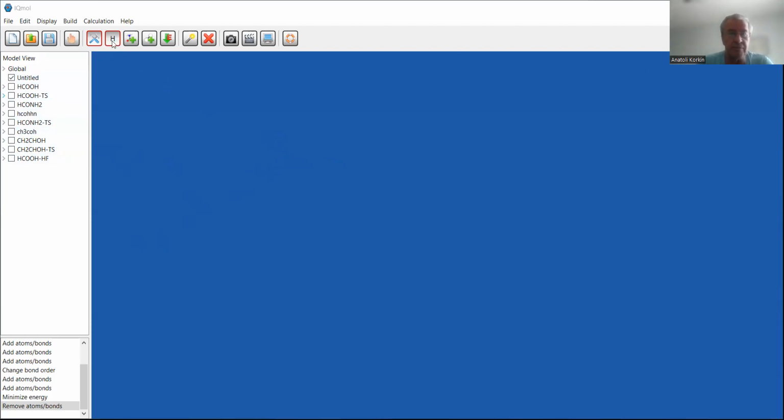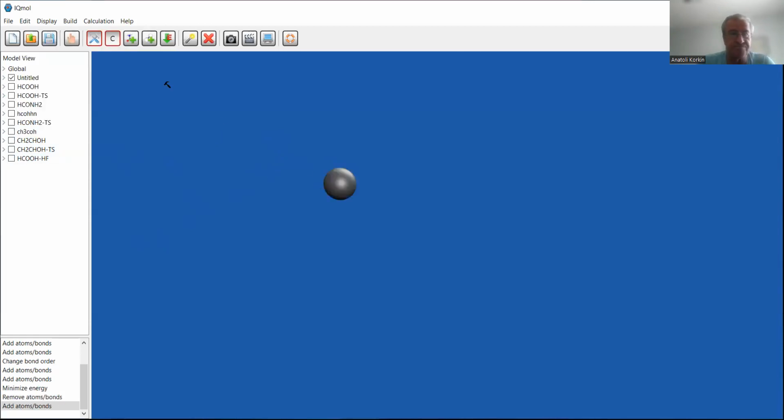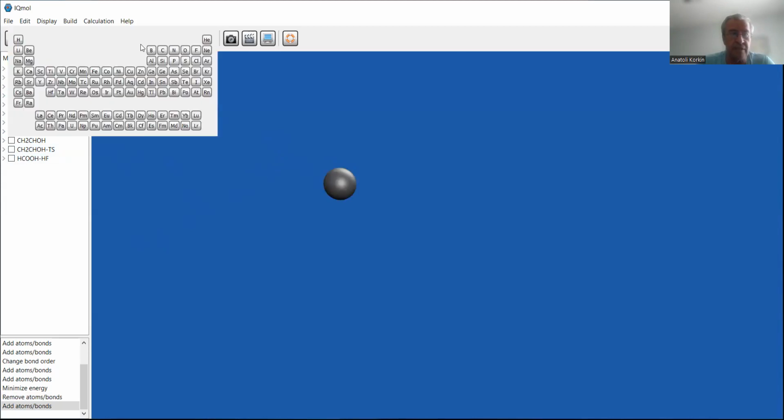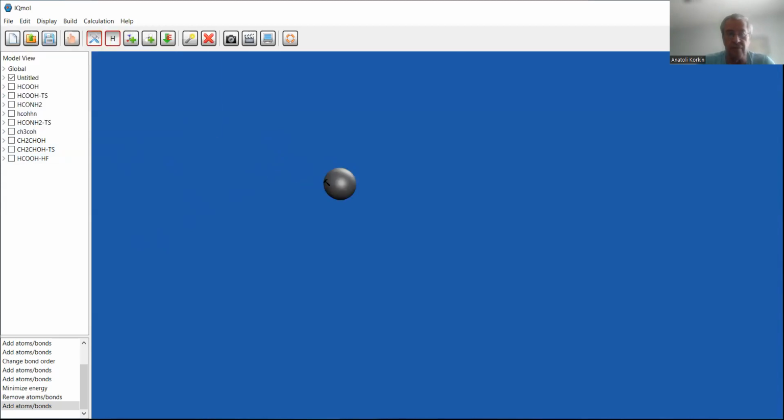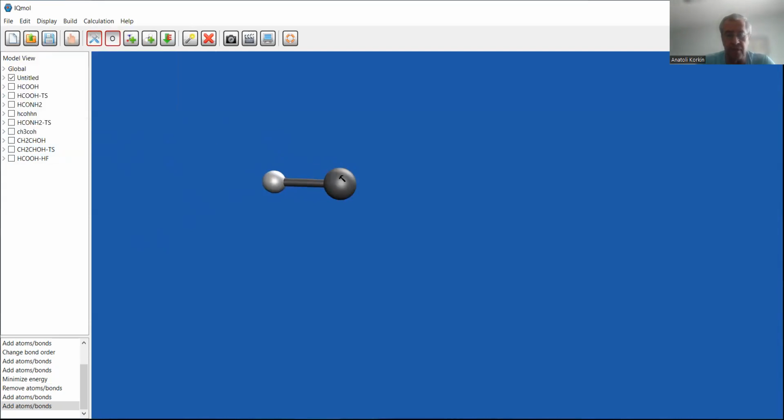So let's, for example, build the initial formic acid. We select carbon, then we select hydrogen, form a carbon-hydrogen bond, then we select oxygen, and then form the double bond, moving it backwards, form another oxygen-carbon bond, and then again I add one more hydrogen connected to this.